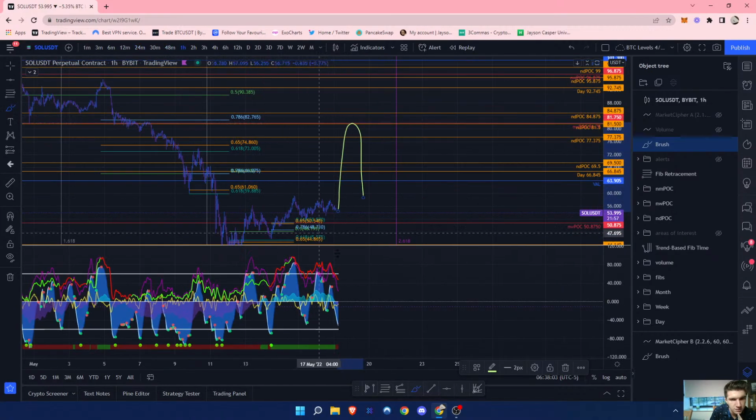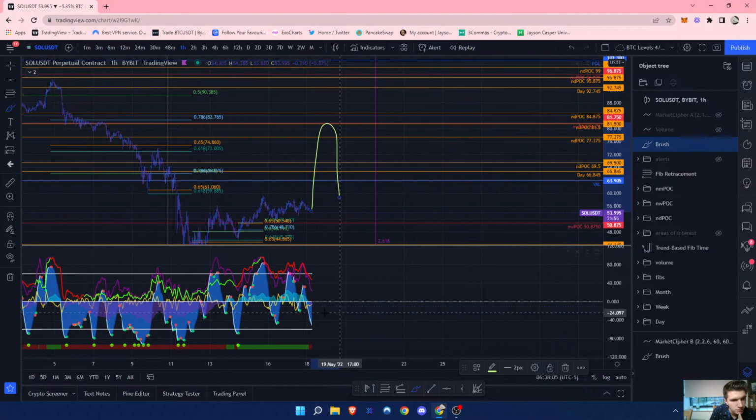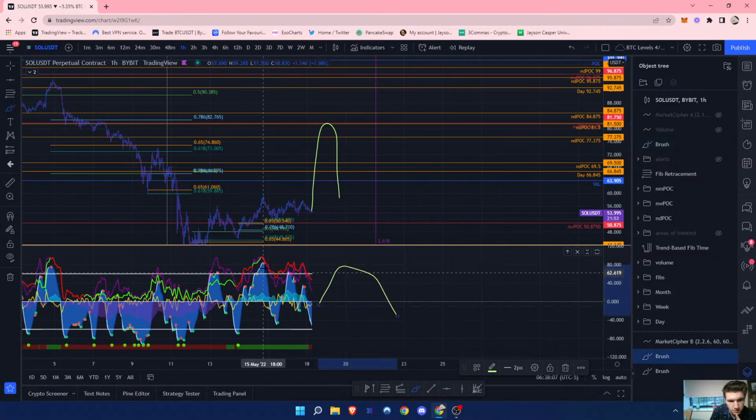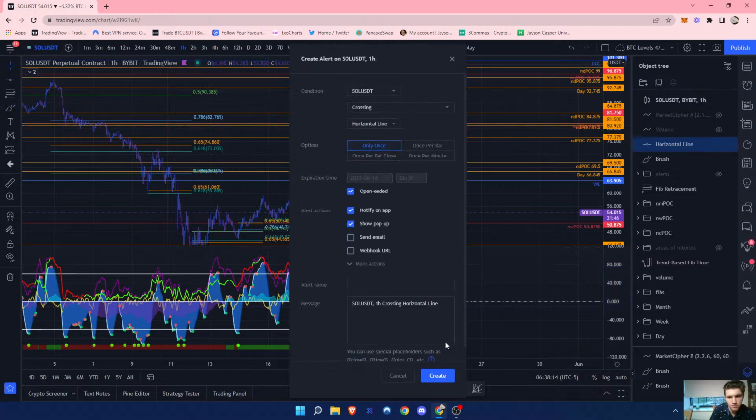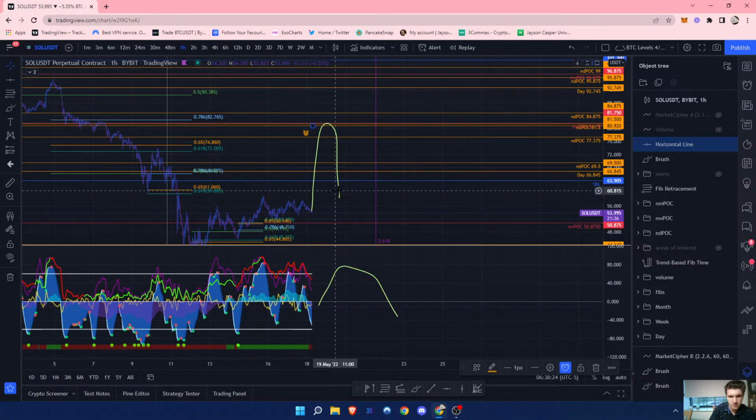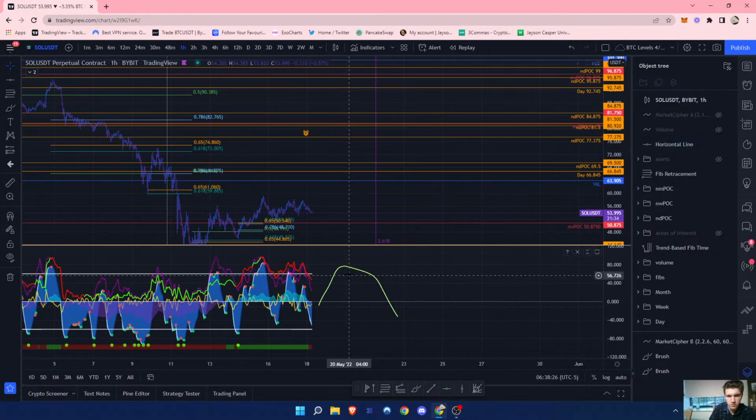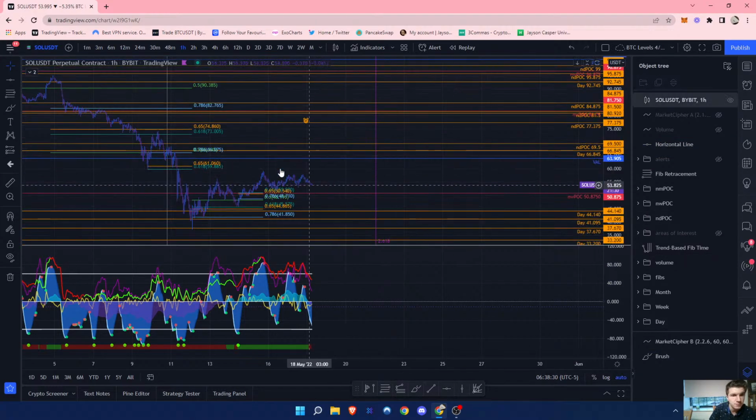Anyways, this is more of a 1 hour momentum coming up. Don't want to see it past this anchor wave right here. And we'll add an alert on it. Then we'll do probably one more short, as I don't like to plan out too far, because then we'll probably have to update it again.